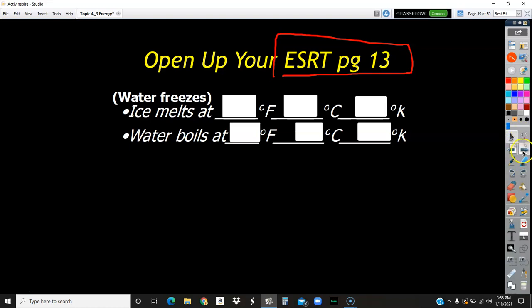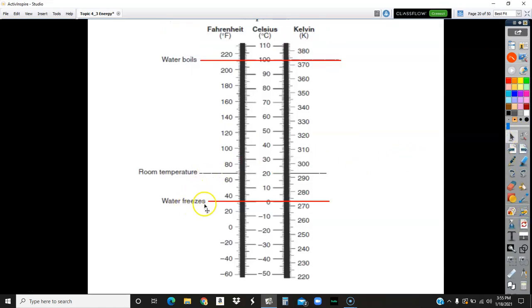So if you look, for example, let me go back. Water freezes, room temperature, and water boils. Now, water freezes is the same as ice melts, right? What's the difference? Freezing water, you have to remove the heat. To freeze something, you have to take the heat out. To melt an ice cube, you have to put heat in. It's the only difference. It happens at the same temperature.